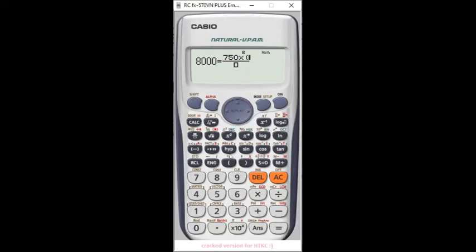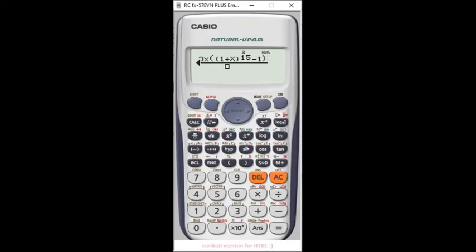So times the quantity of 1 plus, there is no R here, so we use X instead of R as our variable. So alpha, open parenthesis, the key beside DEL. Okay, then close. Then raise to 15. Then minus 1.